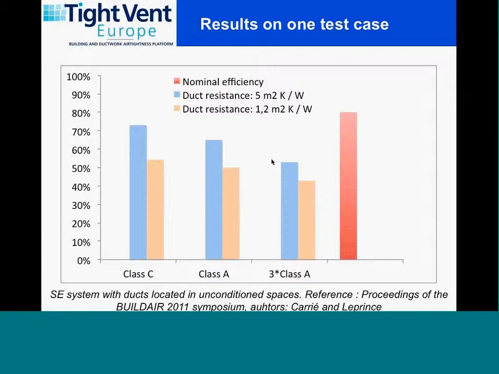You can see that because of poor air tightness and also because of insulation issues, it dropped to about 43%, because of poor air tightness and poor insulation of the ductwork.